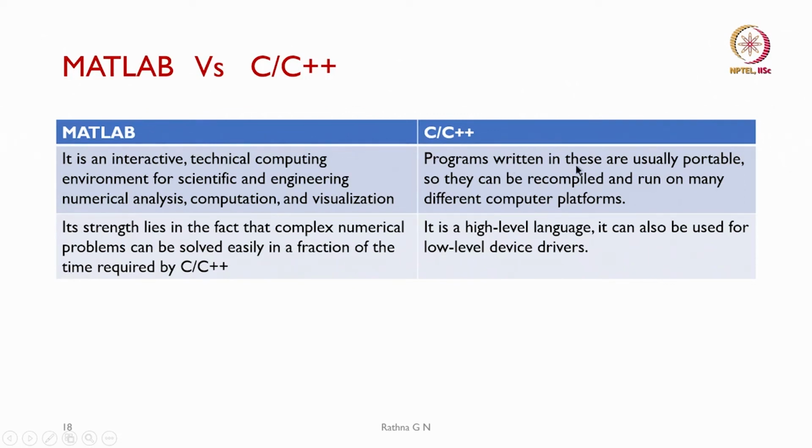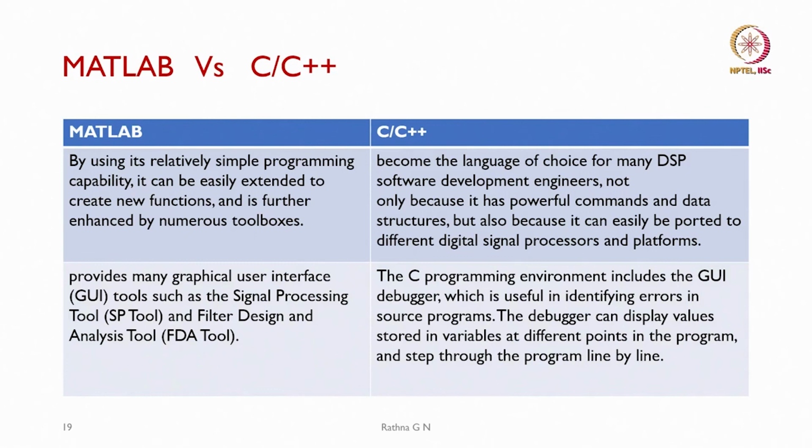Programs written in these are usually portable, so they can be recompiled and run on many different computer platforms. It is a high level language. It can also be used for low level device drivers. You know that all your kernel and other things are written using C and C++. Nowadays you will be seeing Python also.